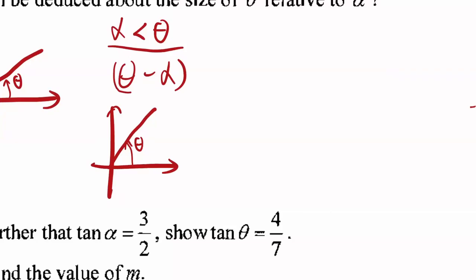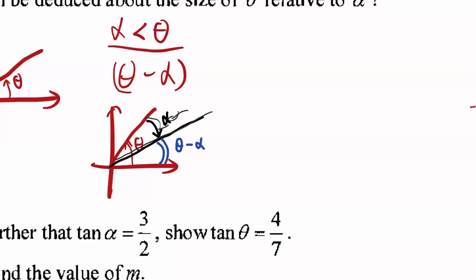Label the angle alpha. Okay, very good. Let me draw it nicely for you. Over here, you turn by an alpha angle. Then as a result, this remaining angle here is theta minus alpha.